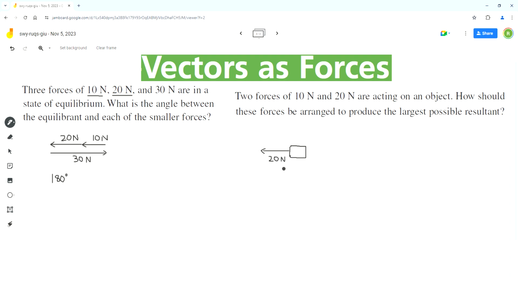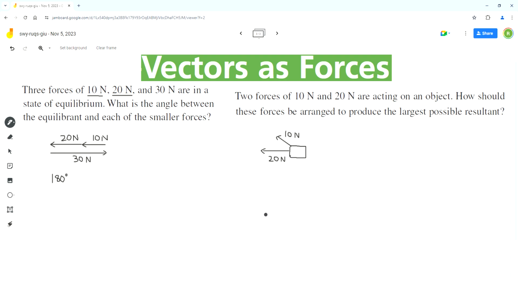Now the 10 Newton force can be shown at an angle, say like this.